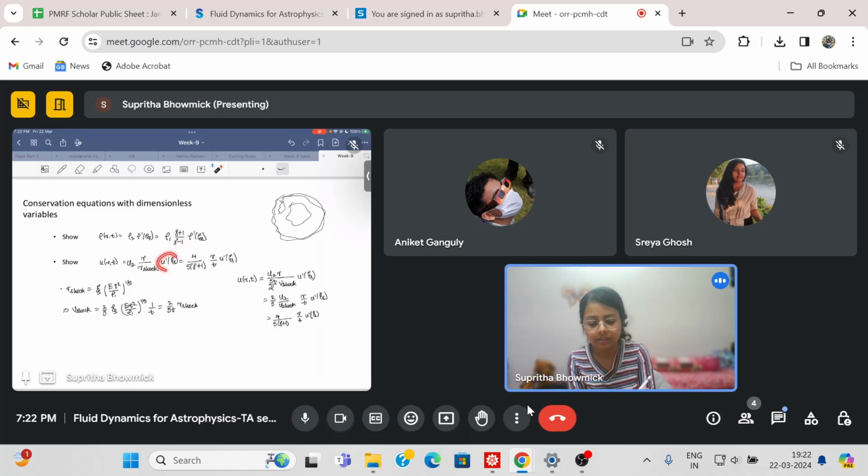Similarly, one can define a dimensionless velocity and a dimensionless pressure. Now, to show that u of r,t is defined as U2 by R shock times R times u prime, the dimensionless velocity, is the same as this thing, what do we have to do?